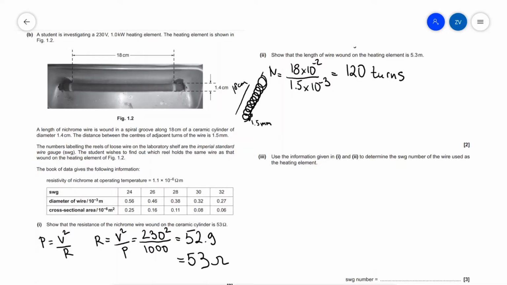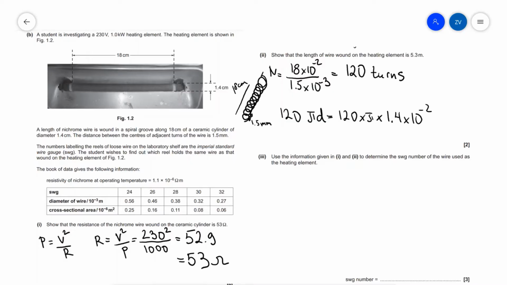So 120 turns. Now all we need to do is find the circumference of one of those circles and then multiply that by 120. The circumference of one circle is equal to pi d, and we're going to multiply this by 120, so it's going to be equal to 120 times pi times our diameter, which is 1.4 centimeters, 1.4 times 10 to the power minus 2.